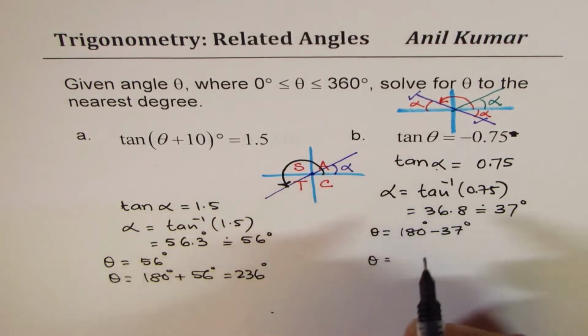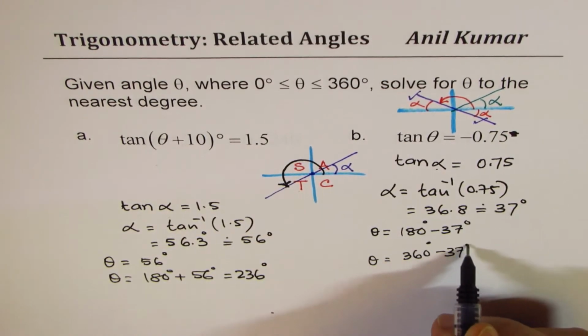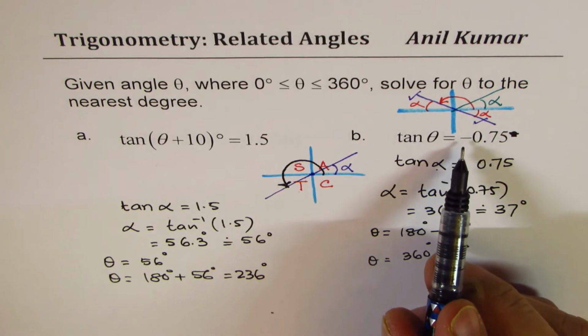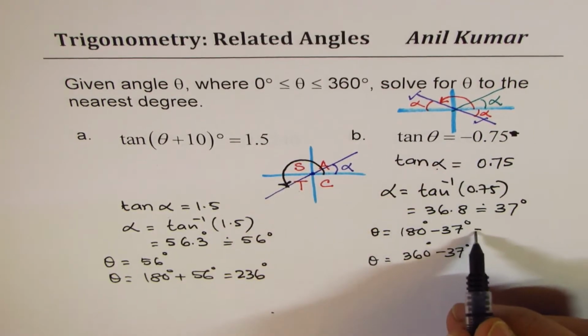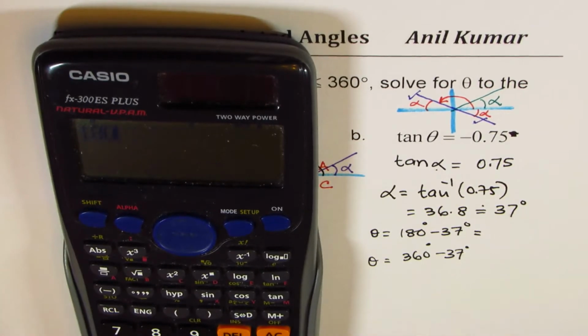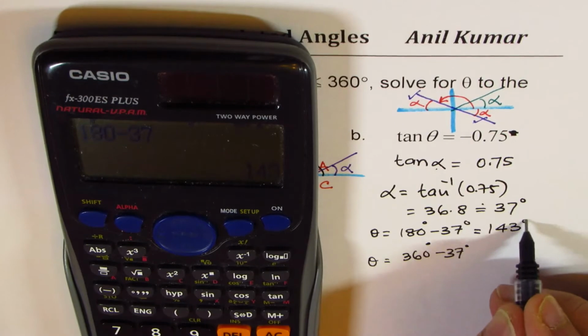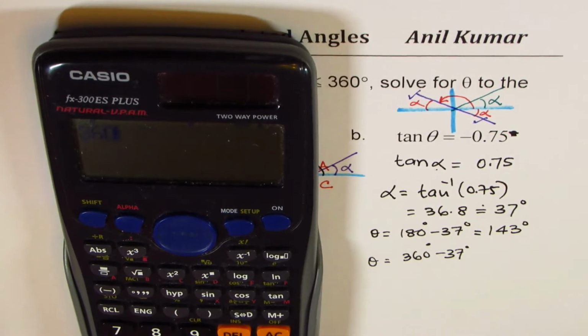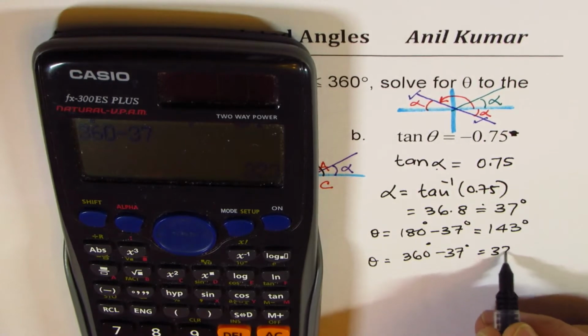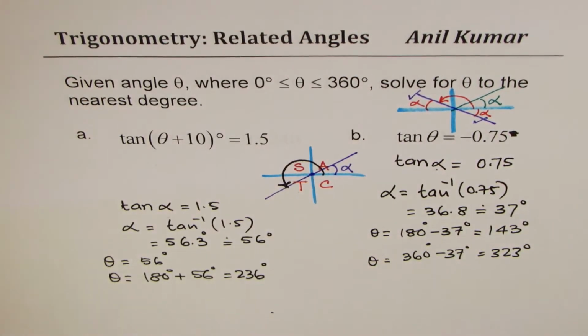The other one is 360 degrees minus 27 degrees, since we are interested in negative value of tan, correct? So let's figure this out. So it is 180 minus 27, which gives us 153 degrees. The other one is 360 minus 27, that gives us 333 degrees. So these are the two solutions.